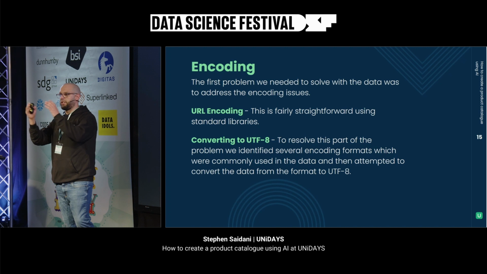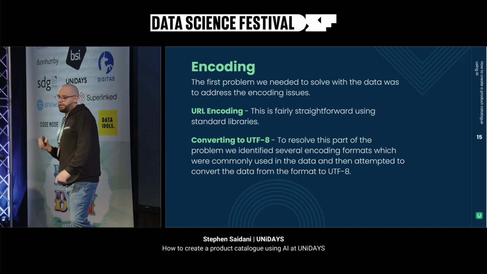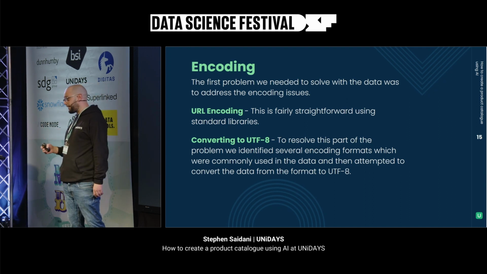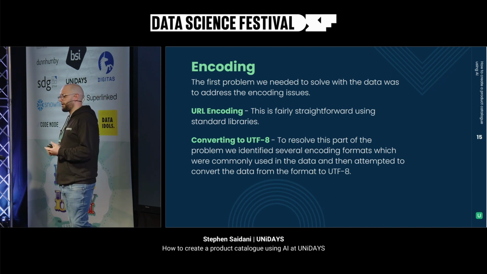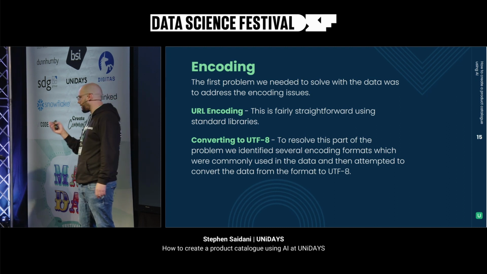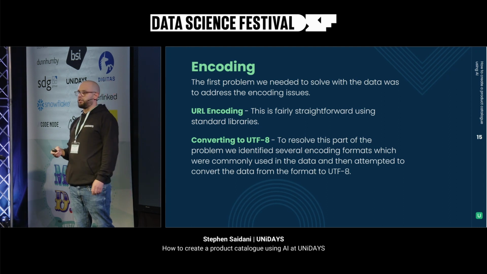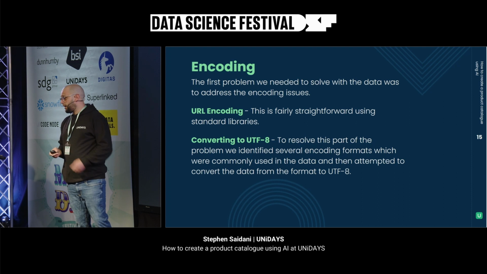So you'll see some weird characters when you're looking in URLs, making it easier so that they can be transferred across the internet. So firstly, we had to resolve that problem. Now that was pretty easy because there are a lot of fairly standardized libraries to solve that. I think I wrote all of this in Python, so I think I used HTML and urllib, I think were the two that we eventually solved the problem with.